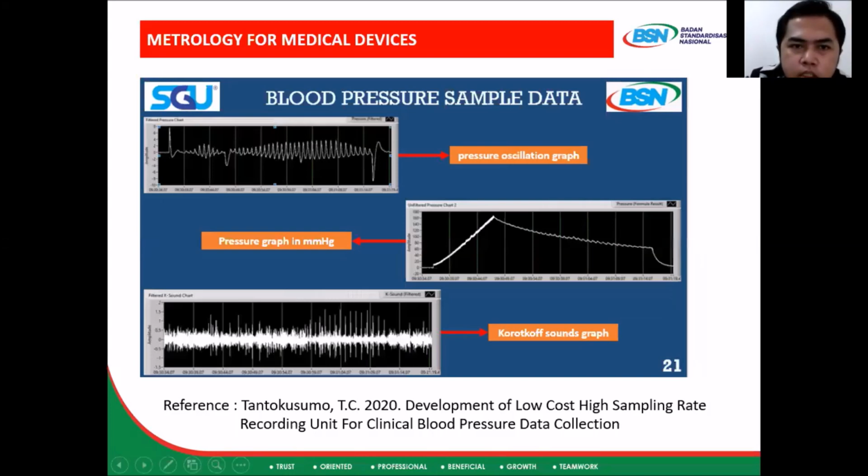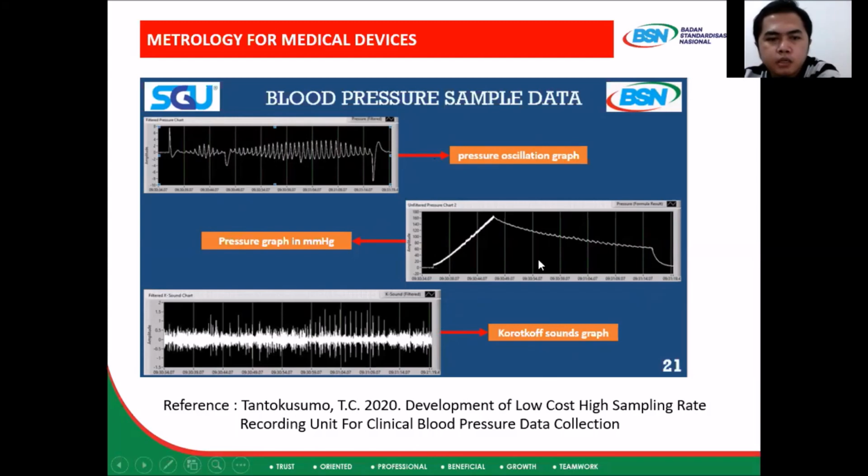And this is the example of the blood pressure data. This is the pressure oscillation graph, the pressure oscillation, and then the inflation and deflation. But somehow the Korotkoff sounds data acquisition is not good.